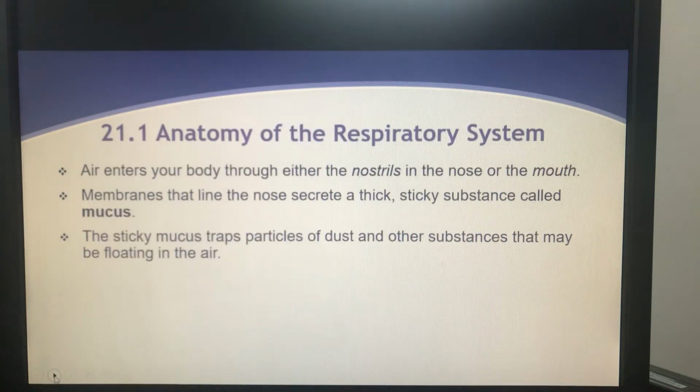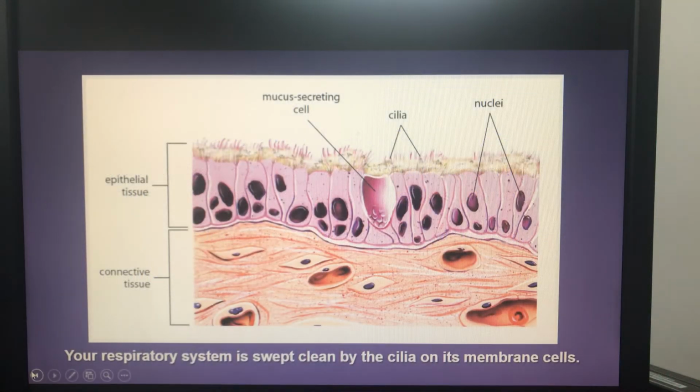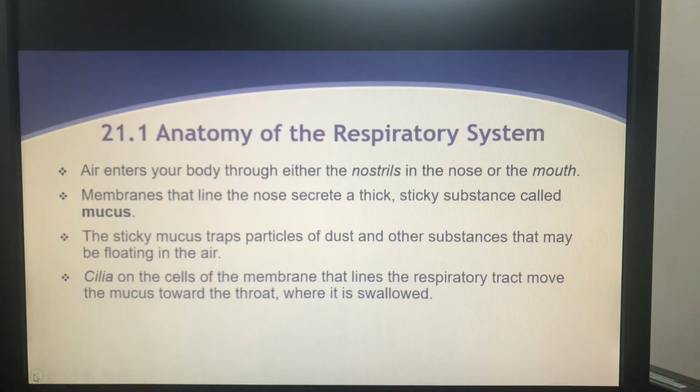All right. So, the anatomy of the respiratory system. Air enters your body through either your nostrils or your mouth. You can breathe through either one or both. The membranes that line the nose secrete a thick, sticky mucus. That mucus helps a lot.